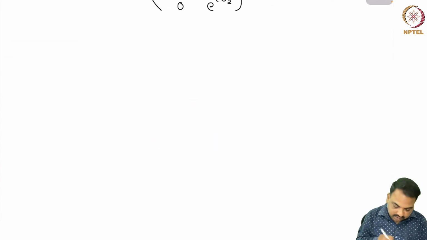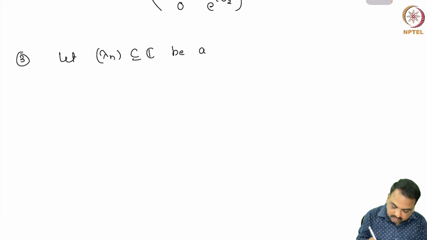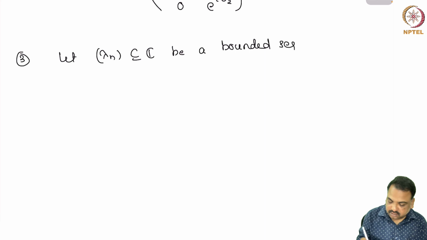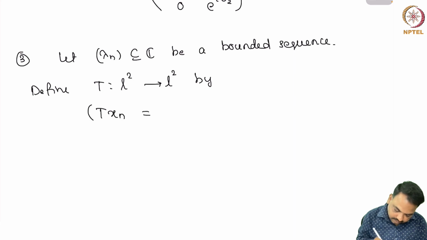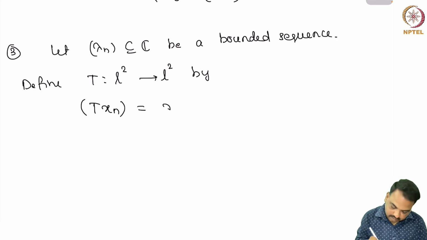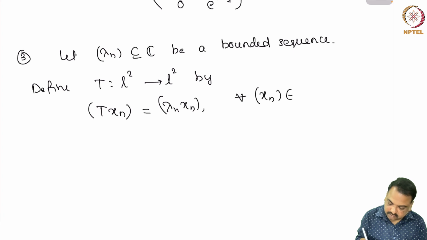We can slightly generalize this result again. Let us take a complex sequence, λn, a bounded sequence. Define T from L2 into L2 by T(xn) as λn xn for all xn in L2.